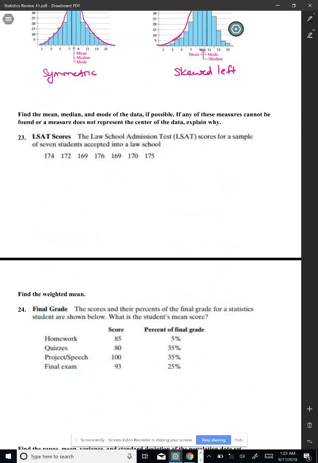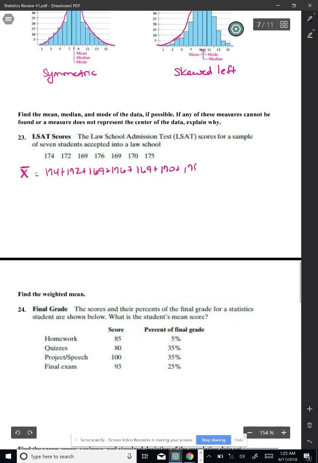Next, we want to find the mean, median, and mode. And then if any of these measures do not represent the center, explain why. So the first thing I'm going to do is find the mean. These are a sample of the 7 students. So remember, our symbol for sample mean is X bar. You're just going to add up the numbers and divide by the number of people included in the sample.